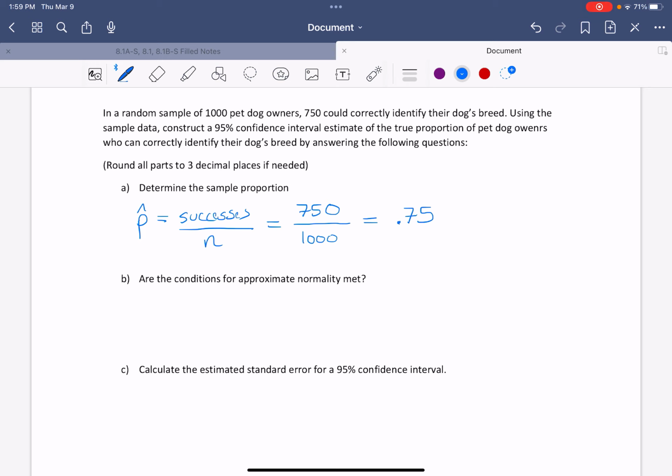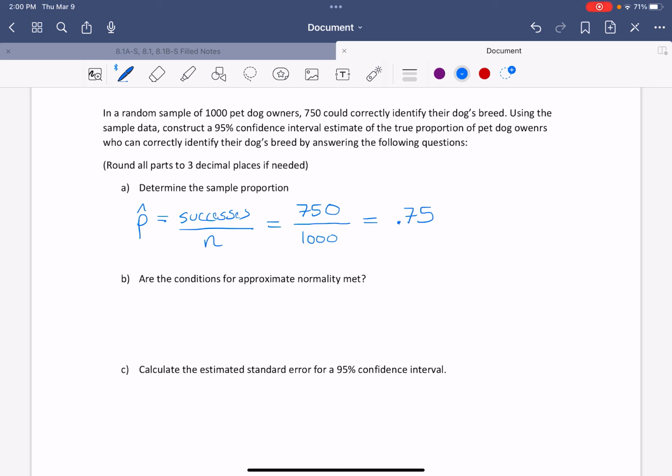Part B. Are the conditions for approximate normality met? Feel free to reference your formula sheet. I'm looking on the Unit 6 side because we're still working with one population. Right underneath confidence intervals, it says conditions for approximate normality.